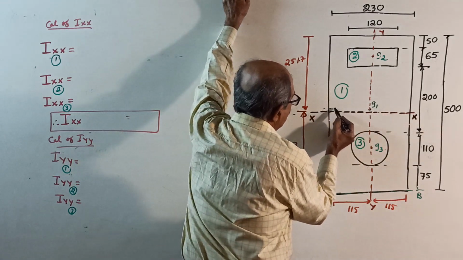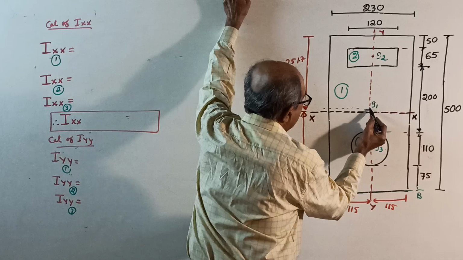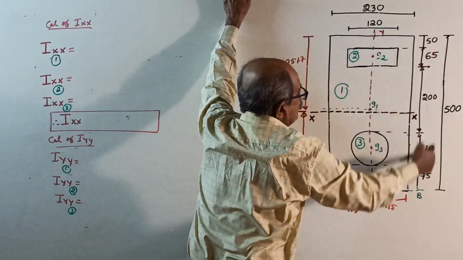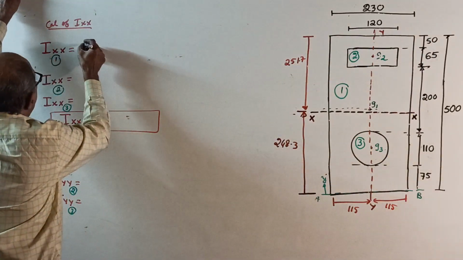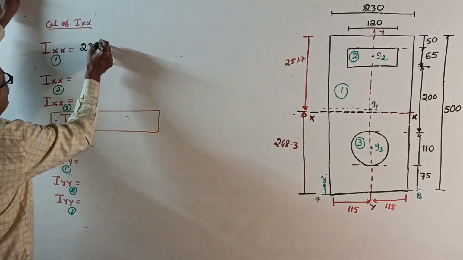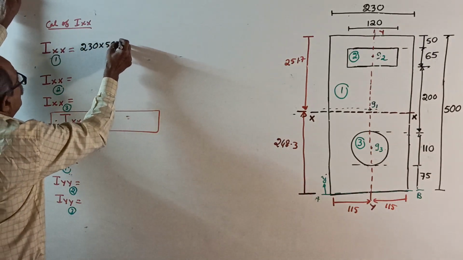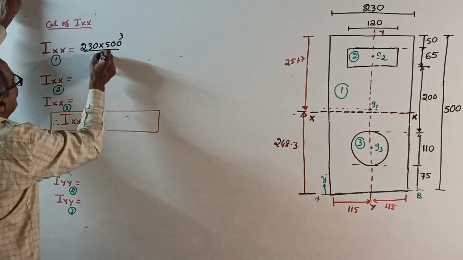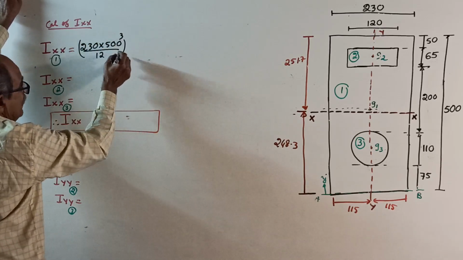I about its own centroidal axis. It is here, see, 230 into 500 cube divided by 12. Anyway, for your information, I'll tell you in one minute.